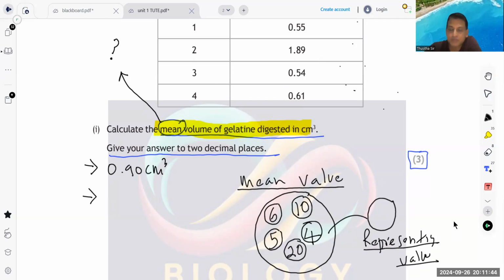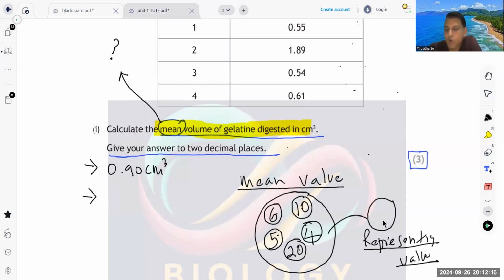The values are 6, 5, 4, 10, and 20. But I need only one value to show what is the best value to represent all these values.